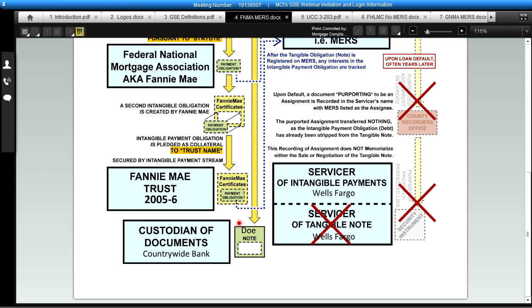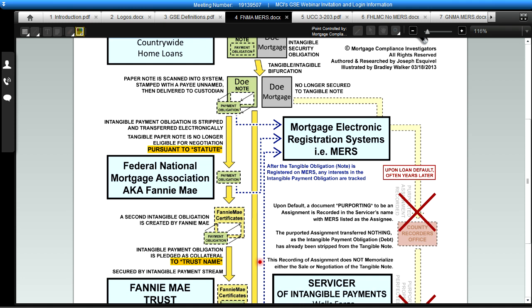And they sell these certificates to investors. The investors think that they are purchasing certificates backed by secured mortgages. That could not be further from the truth. At no time has this intangible payment obligation ever been secured to the John Doe mortgage.